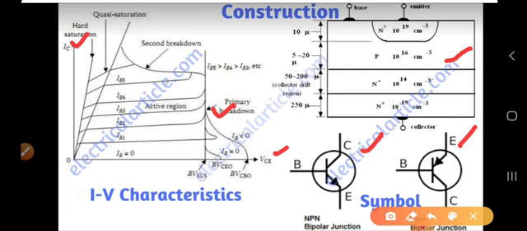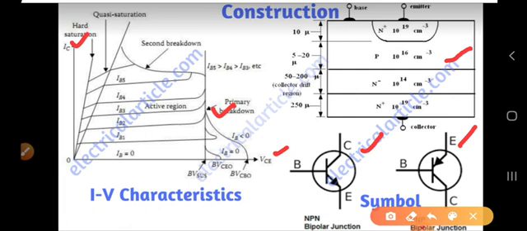Now you can see there is a graph which has a number of curves. Here I can check the collector current for different base currents which I apply at different times.